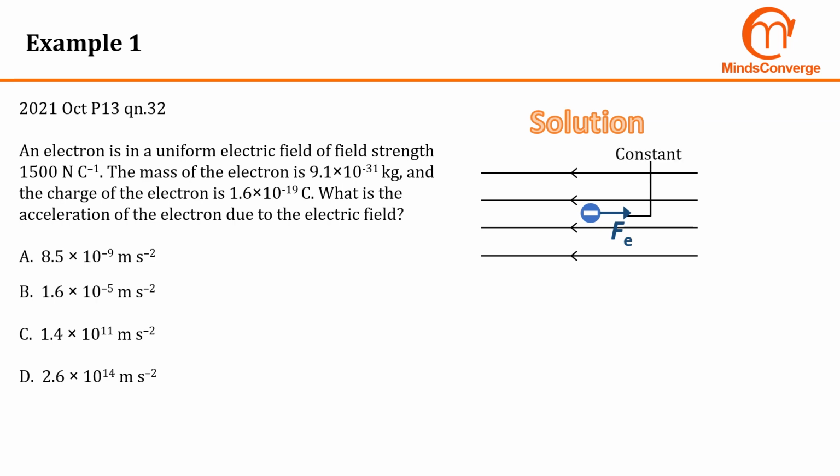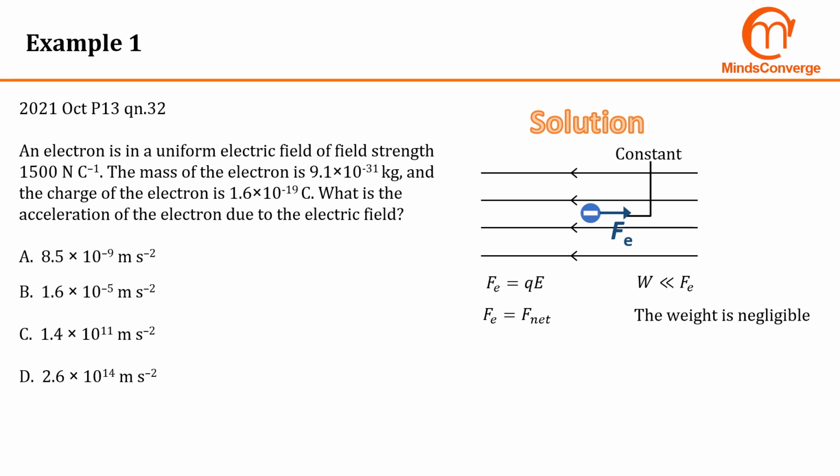We recall that, when a charge is in an electric field, the electric force is the product of the charge and the electric field strength. So, the electric force Fe equal to Q times E. Because the weight of the electron is much smaller than the electric force, the weight is negligible in this question. Then the electric force can be considered equal to the net force.